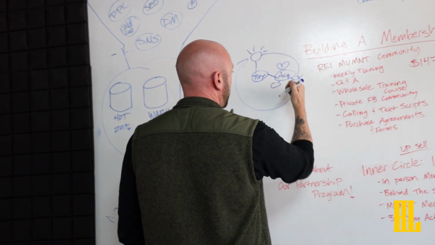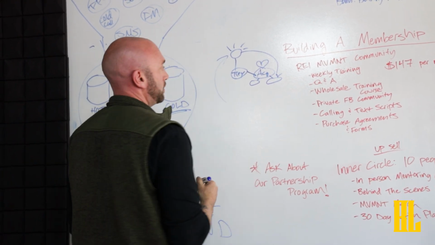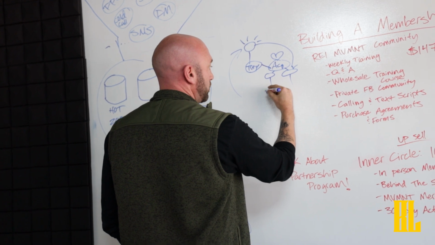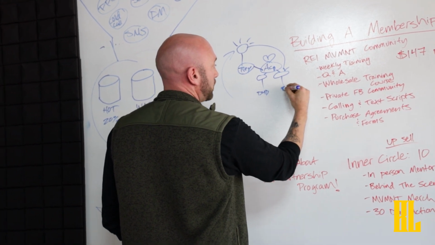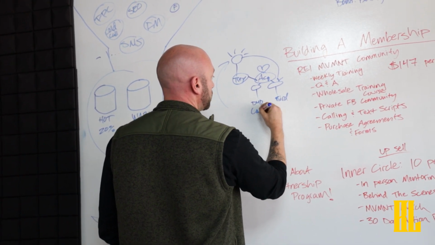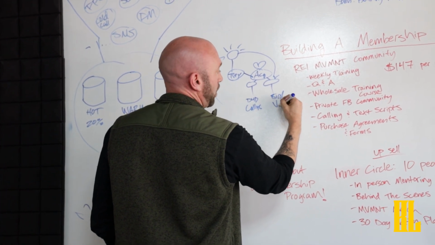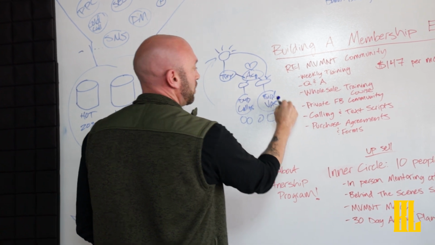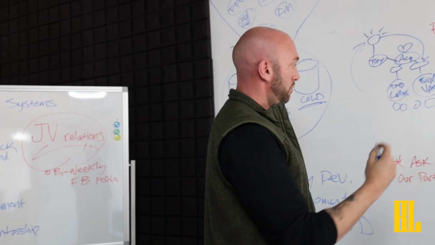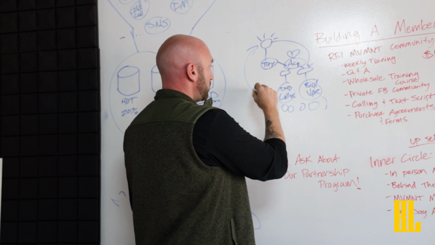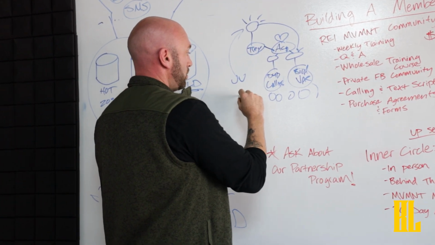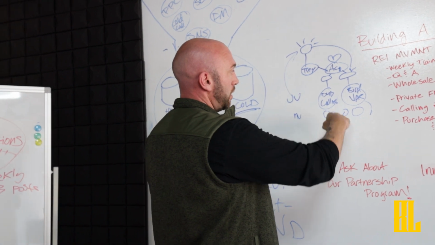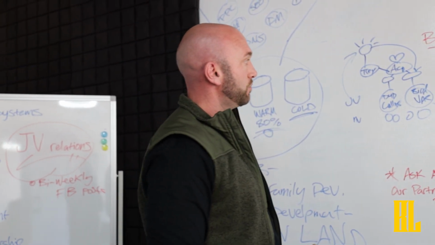But below this, as far as the decentralized command aspect of things, under here we have the Driving for Dollars team, we got the Bird Dogs, cold callers, right? Our virtual assistants, all these different people. Also new investors, right? Or JV relationships. All that stuff is funneling up through the chain of command, right?